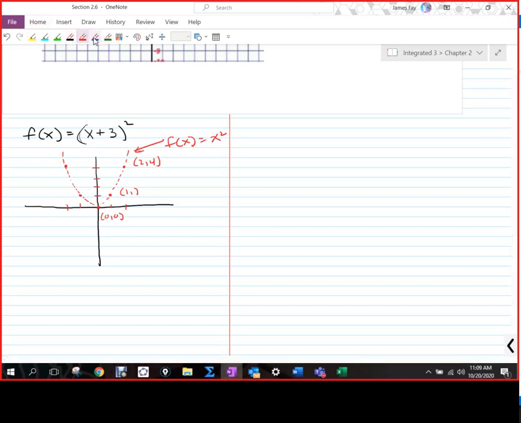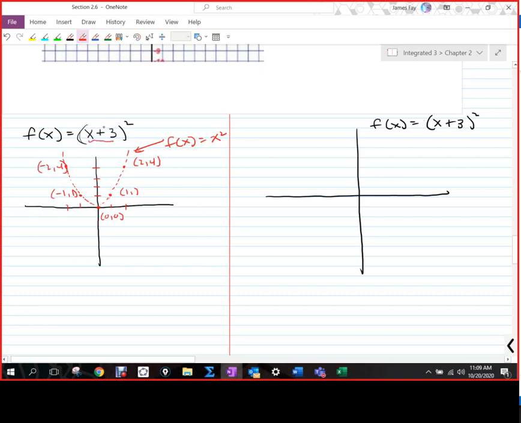Now, if I were to look at what f of x equals x plus 3 squared looks like, all it does is it takes these points that we've created over here and it moves them 3 units to the left. Okay, so when you add to the x, it's going to actually move every x value to the left. So this point here at negative 2, 4 is actually going to go to negative 5, 4.